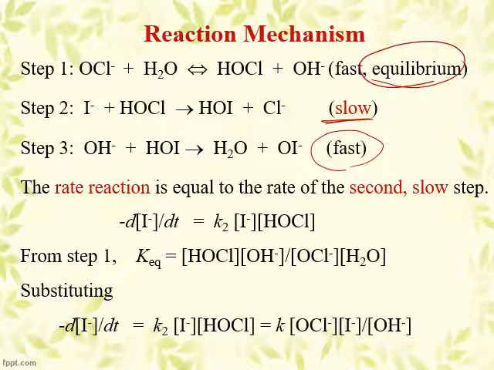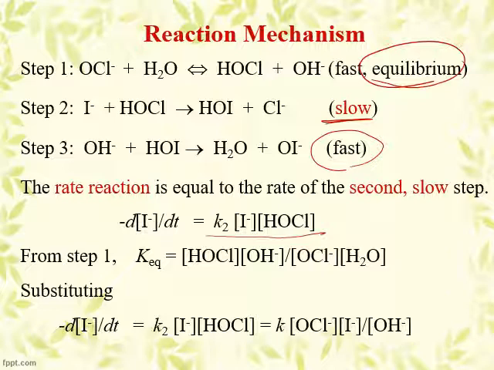The first step that we need to do is to write the rate law based on the slow, rate determining step. So this is the rate law: k2, because it's step 2, times I minus and HOCl.